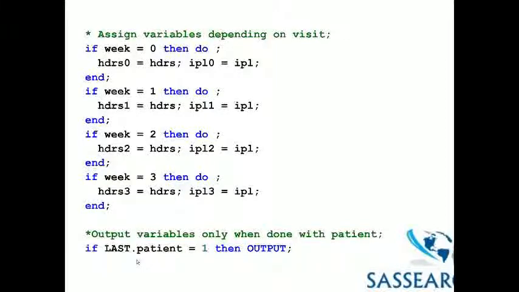If we're not processing the last observation for the patient, the program goes back to the top of the data step and processes the next observation from that particular patient. So again, this is the code that we're going to see in the SAS demonstration video. If we combine all this code together, this is going to allow us to output a single observation per patient that includes all the data on one row.